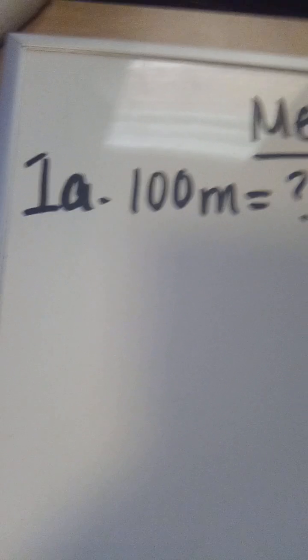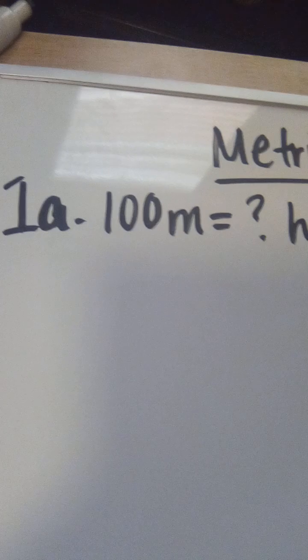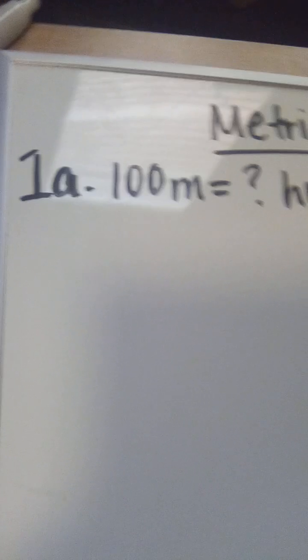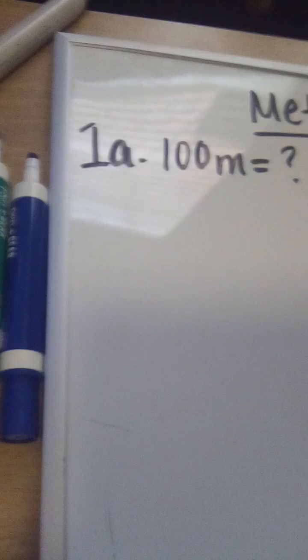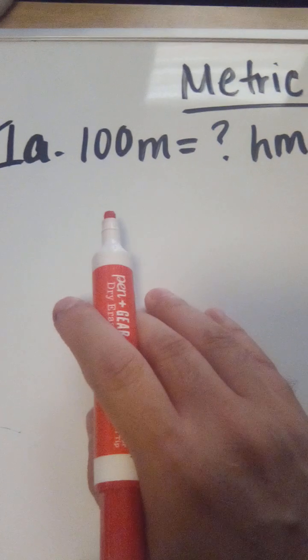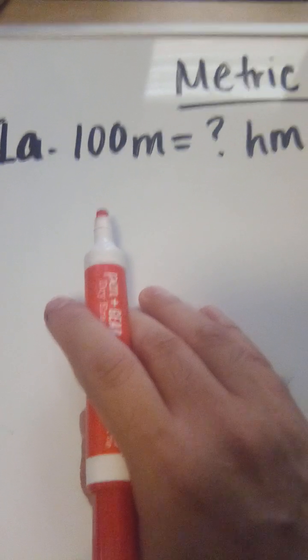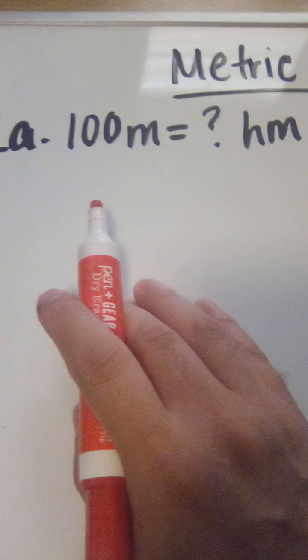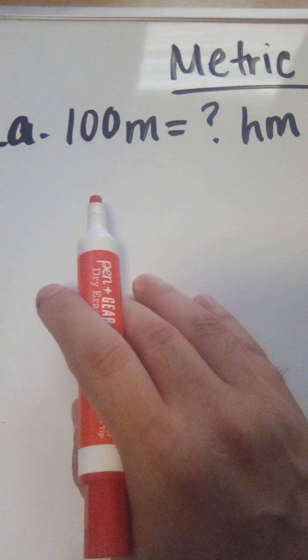So I'm going to do problems 1, 2, and 4 from the metric. They have parts A and B, and I'm going to do the first problem. Here we have part 1A. Number 1A says 100 meters to how many hectometers?